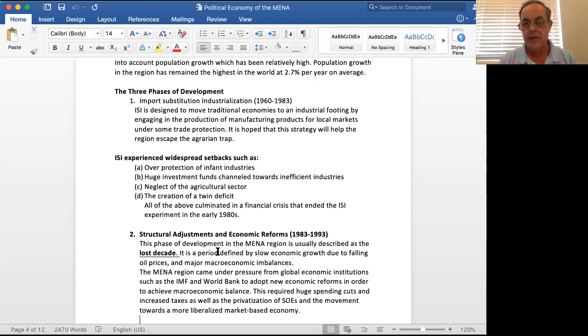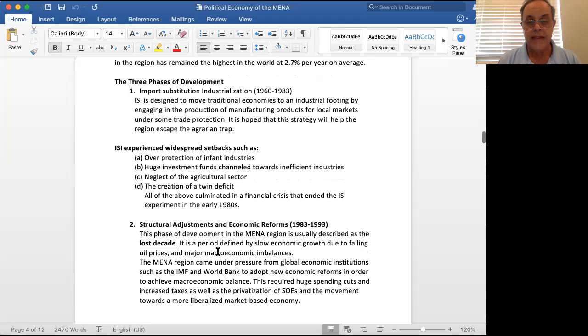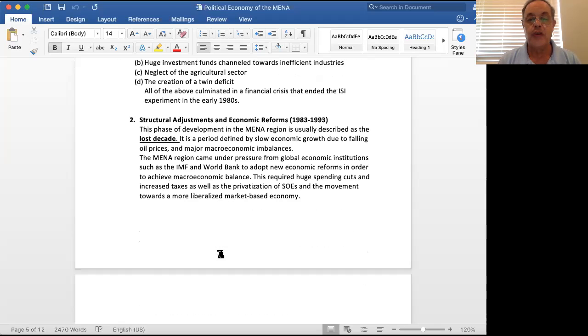And these economic reforms hopefully will lead to macroeconomic balance, which will put the economy on the right track in terms of competing and becoming more efficient and exporting goods, etc.